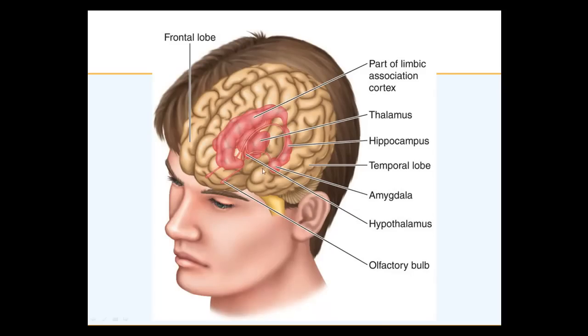We have an area here as part of the limbic association cortex, and we thought the thalamus, and then here is an area we call the hippocampus, and then we have the amygdala, which is very highly associated with emotions, and the hippocampus is very highly associated with memory. We thought that this is it.